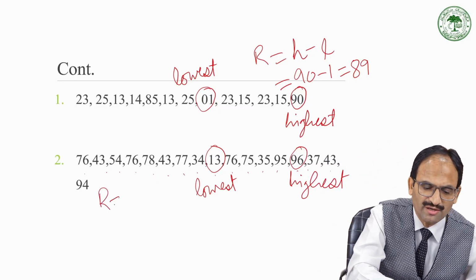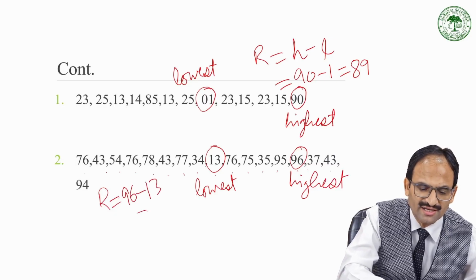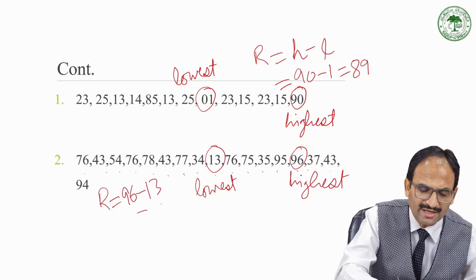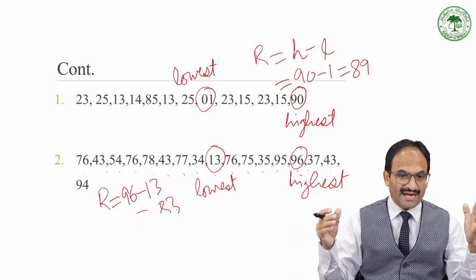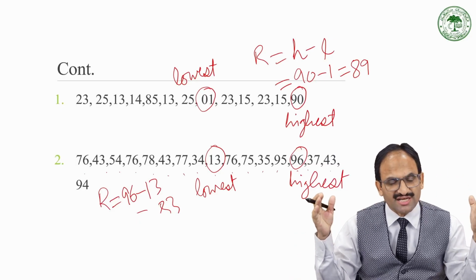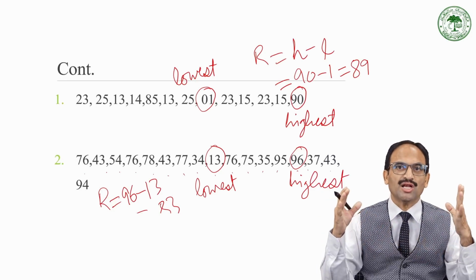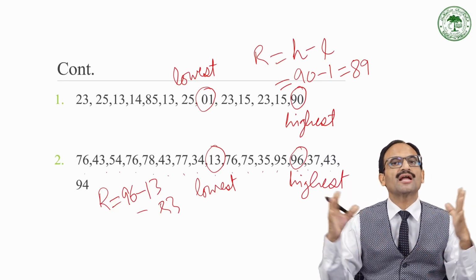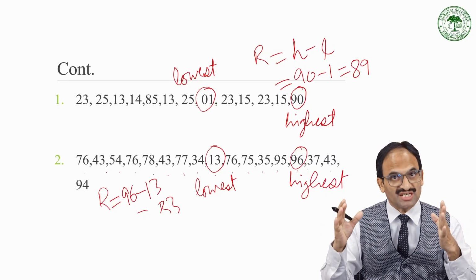So, range will be 96 minus 13. If you calculate, you will find it has come out to be 83. And again, 83 is a huge number and shows that there is a lot of variability in that particular group. That is, that particular group is quite heterogeneous.